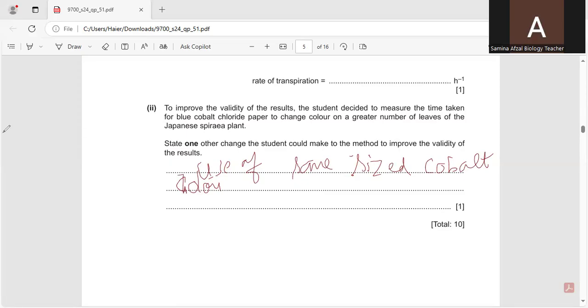We can use the same sized cobalt chloride paper. So this is the one option. I think 1 point is enough for this purpose.